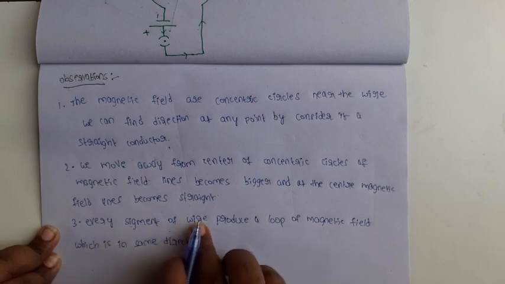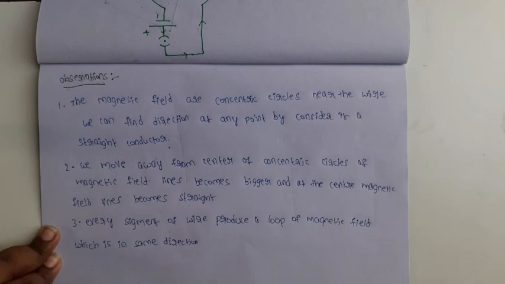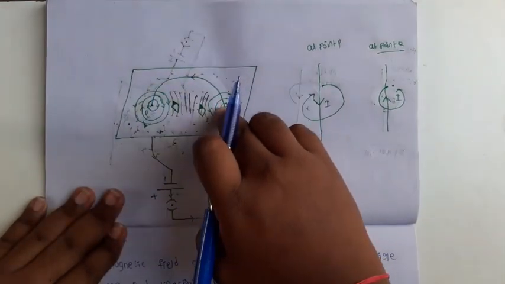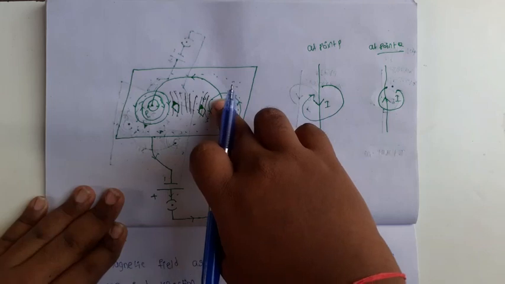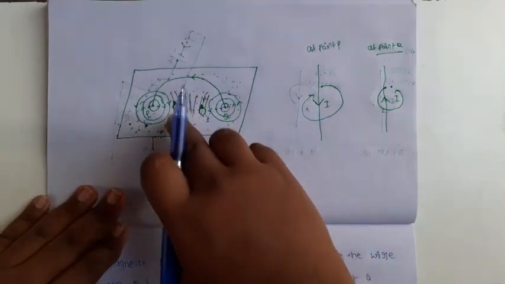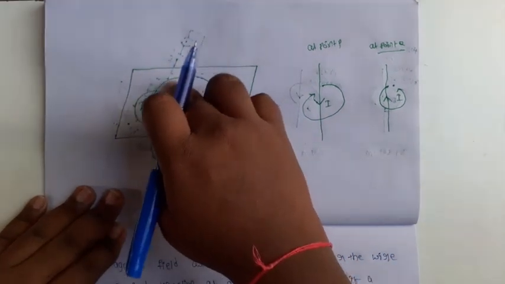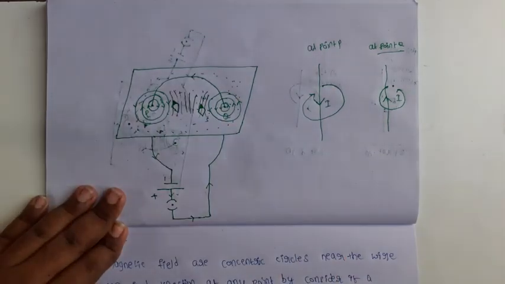Every segment of the wire, meaning any point of the wire, will produce a magnetic field in the same direction. Same direction means concentric circles.